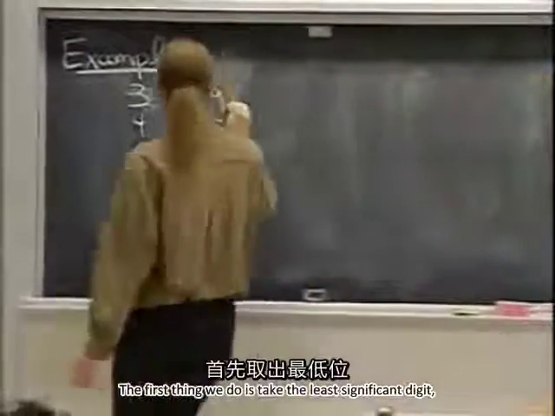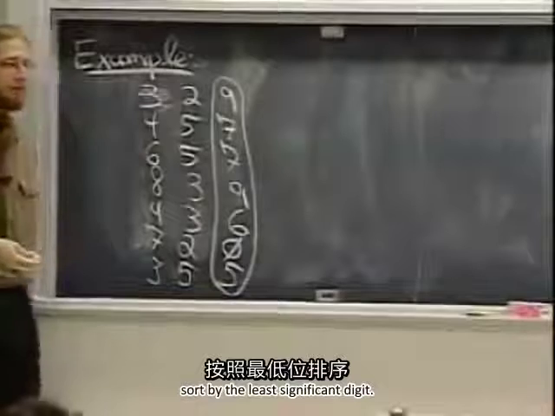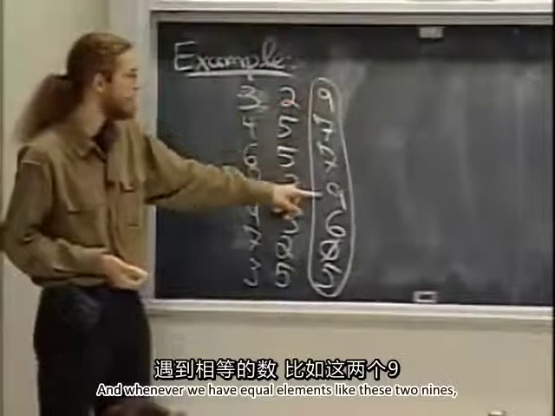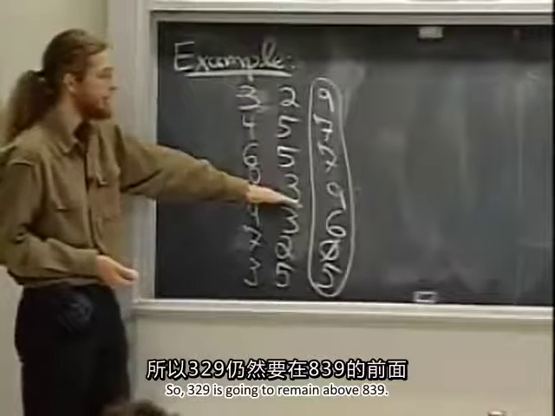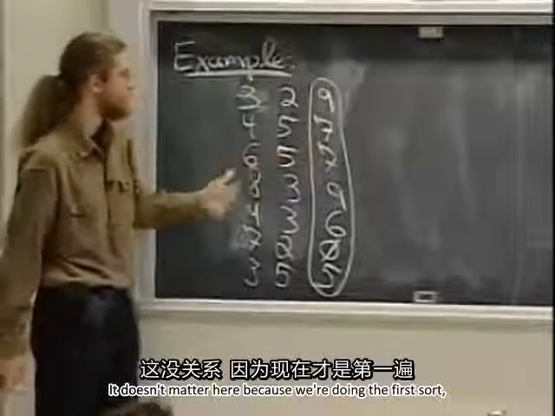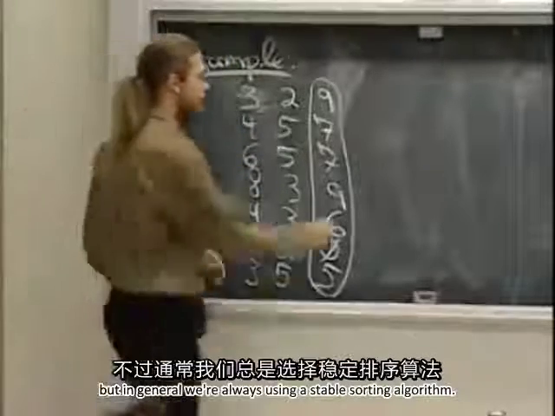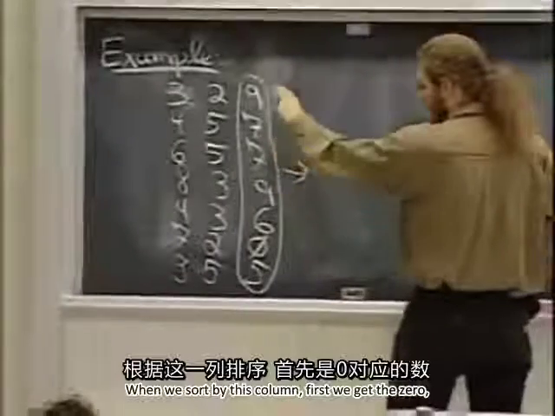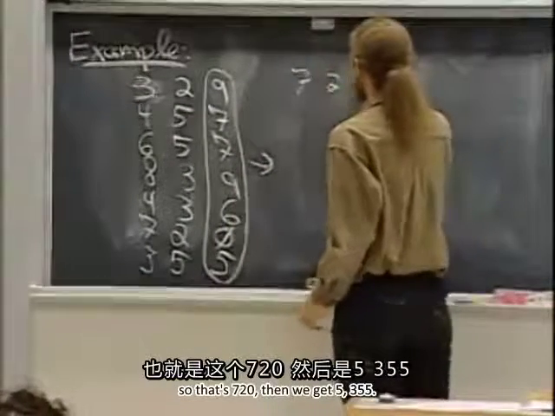So the first thing we do is take the least significant digit, sort by the least significant digit, and whenever we have equal elements like these 2 9s, we preserve their relative order. So 329 is going to remain above 839. Doesn't matter here because we're doing the first sort, but in general, we're always using a stable sorting algorithm. So when we sort by this column, first we get the 0. So that's 720.